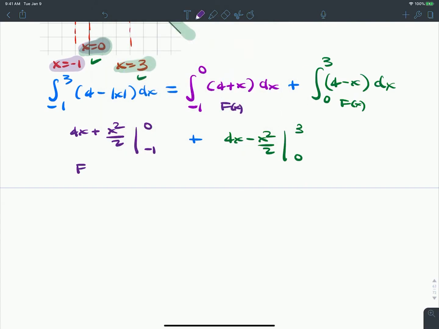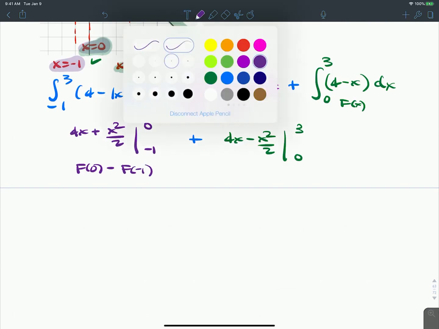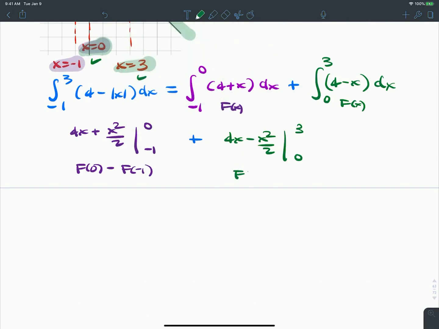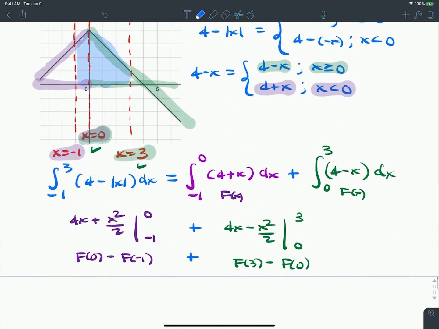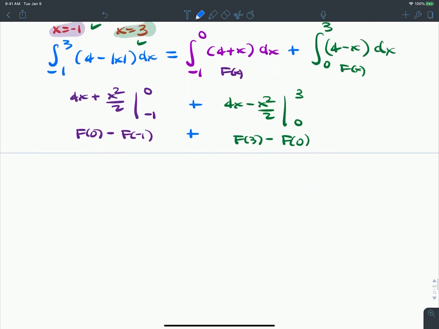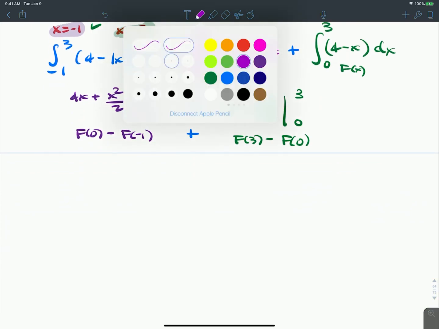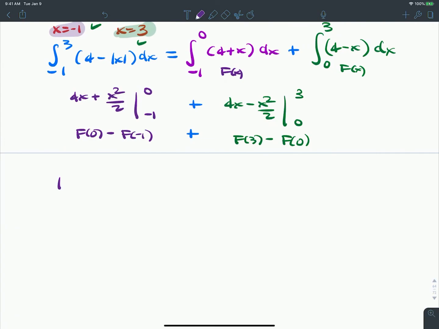So remember, f of 0 minus f of -1. And here we have f of 3 minus f of 0. We're going to add those. Okay. In purple, 4 times 0 plus 0 squared over 2 minus 4 times negative 1 plus negative 1 squared over 2.